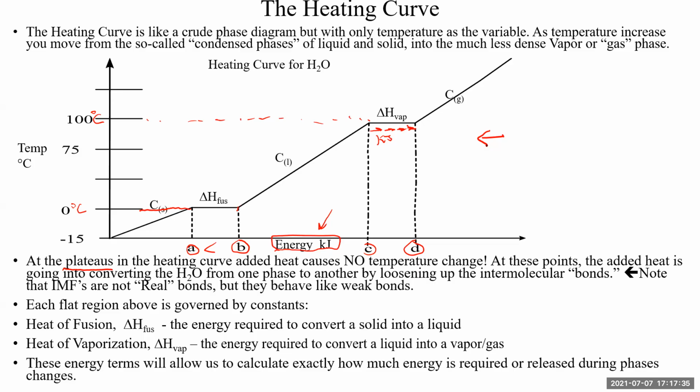Those attractive forces are the intermolecular forces we talked about: the electrostatic interactions, if we're talking about an ionic compound; the hydrogen bonding or the dipole-dipole interaction, if we're talking about a polar covalent compound; or, if we're talking about a non-polar molecule, then it's the London dispersion forces. So those particular attractive forces are being overcome when you go from left to right.